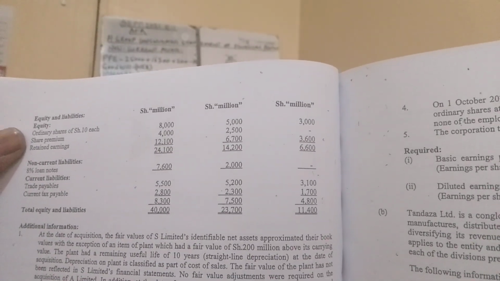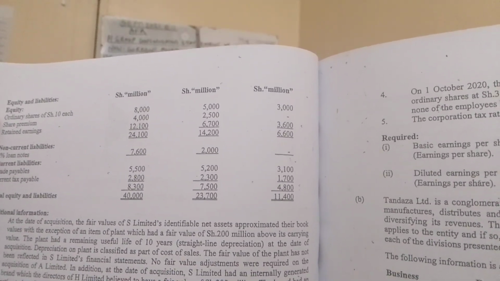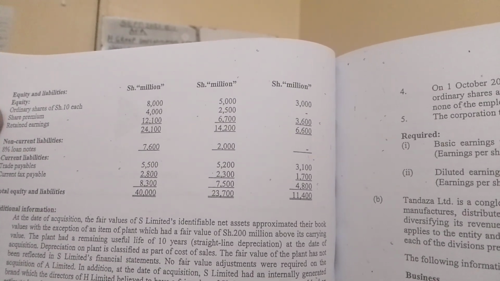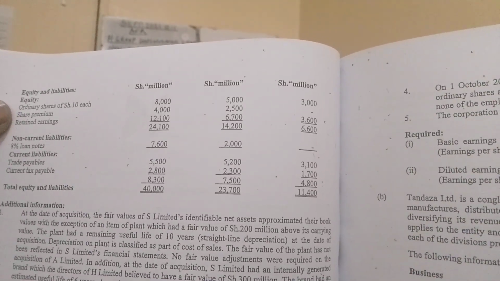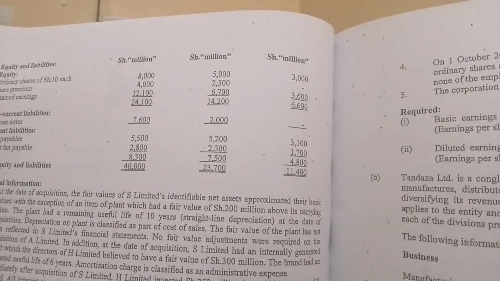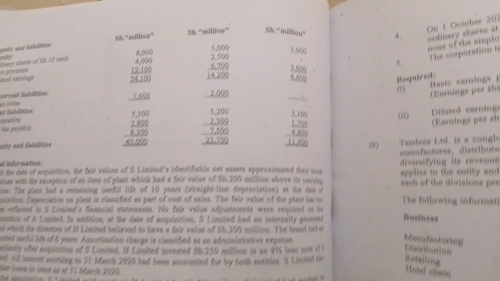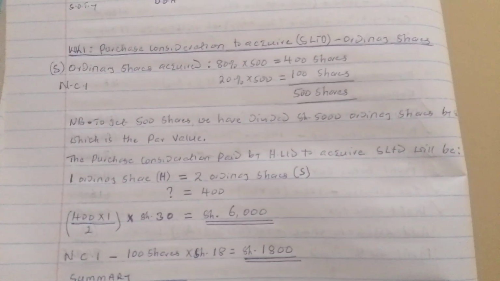What we are acquiring is the ordinary shares of shillings 10 each in S. The ordinary shares in S Limited are 5,000, but the par value is shillings 10, so how many shares are there? 5,000 divided by 10, we have 500 shares. That 500 shares is the portion that we are acquiring. Is the point clear?